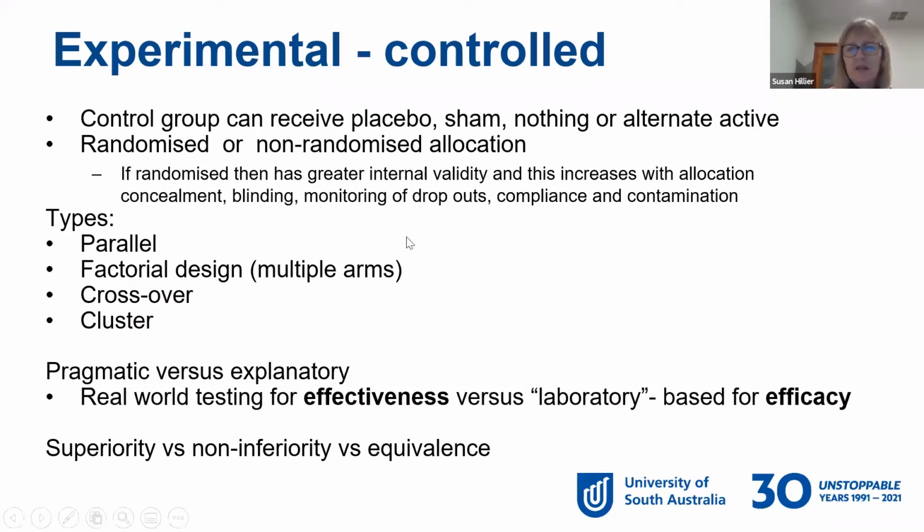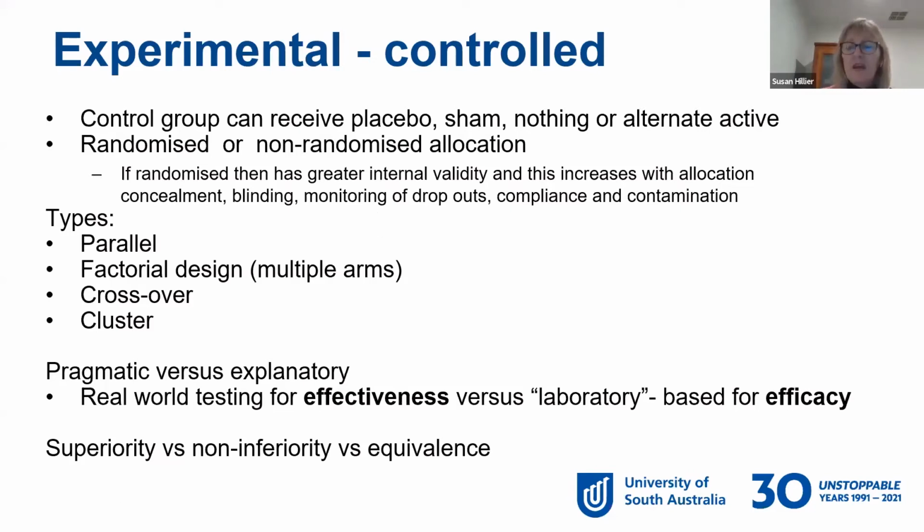This includes allocation concealment, so that the randomisation schedule, whether it's computer generated or in sealed envelopes, is generated in a way that cannot be interfered with by the researchers or by the allocator, and that the allocation is truly generated without bias.